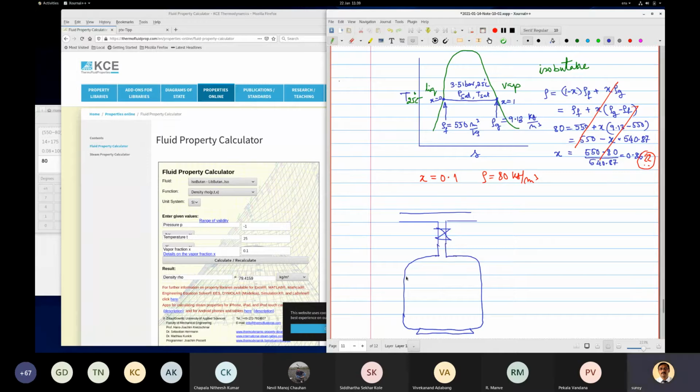Once you fill it up, here it will be vapor and this will be liquid. So this is our liquid petroleum gas.